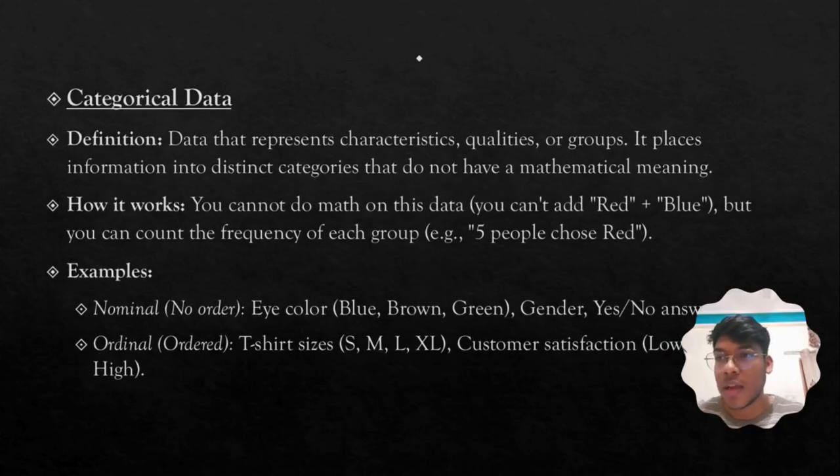So categorical data. What is this categorical data? The definition is that data that represent characters, qualities, or groups is categorical data, things that you can actually categorize into multiple things.